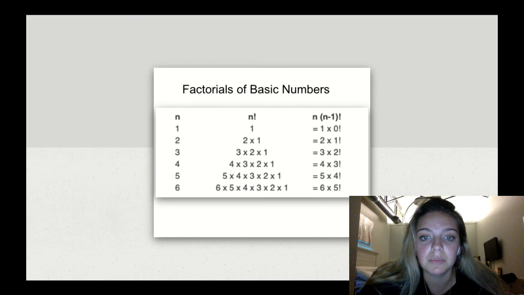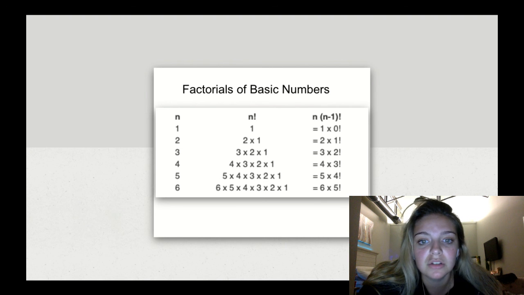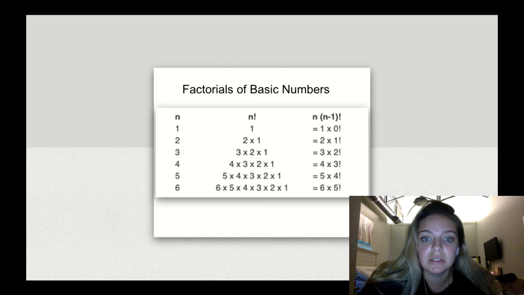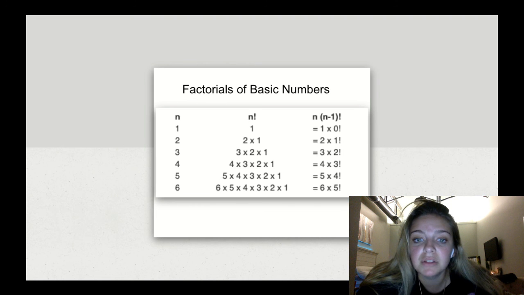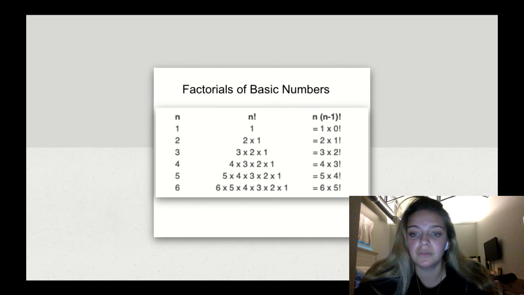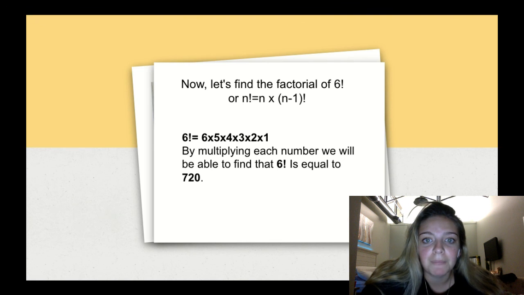As you can see, it's pretty basic when just learning the first part of integers. For each integer, we are counting. For example, when we count to 6, we have 1, 2, 3, 4, 5, 6. But to find this factorial, we are going to be multiplying each number that you count up to. Now let's find the factorial of 6.